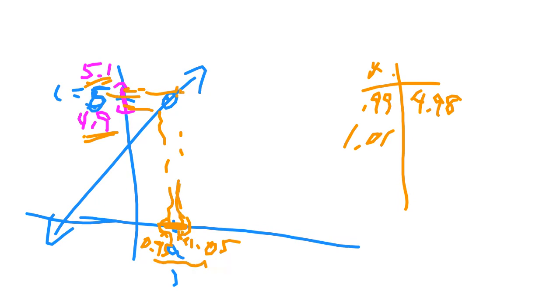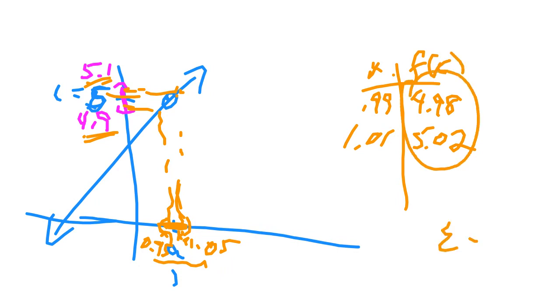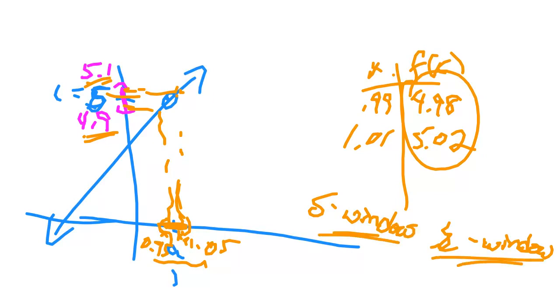And if we map that up, I believe that mapped to 5.02. So that's also within the window. And no matter what x you have, it's going to map to an f of x which is in the epsilon window. So any x's in the delta window are going to map within the epsilon window around L. Okay, so hopefully that makes sense to you.